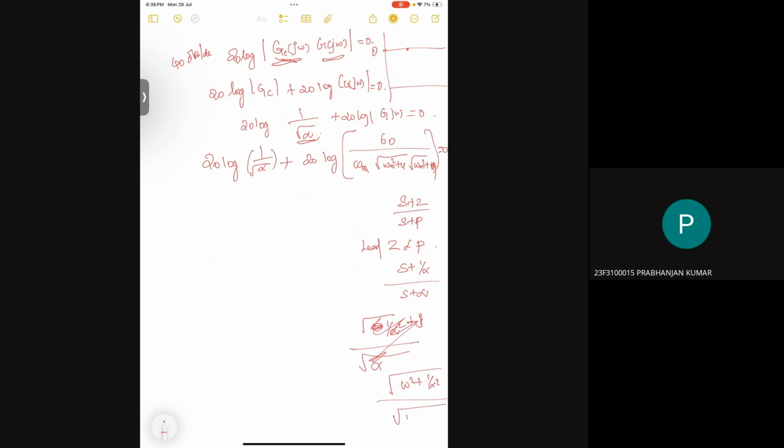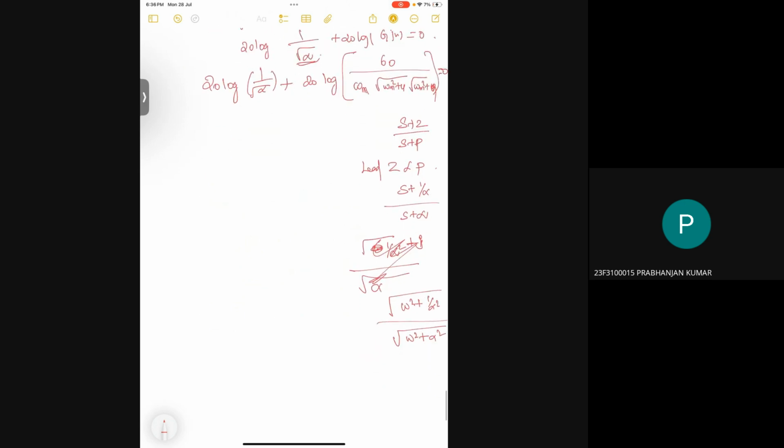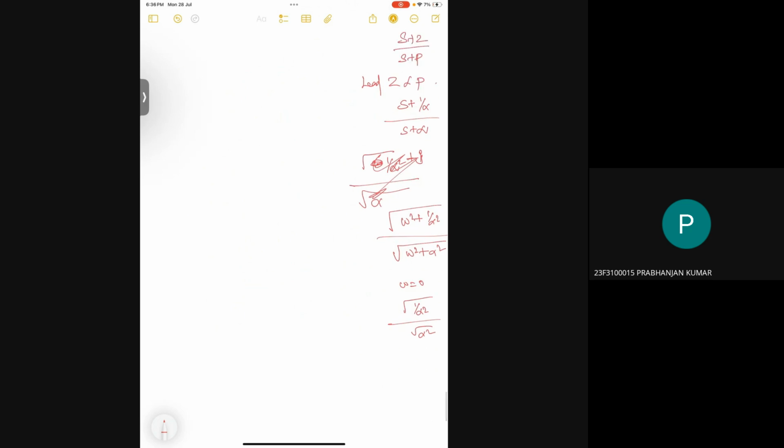Yeah, this will become omega square plus alpha square. When omega equal to 0, magnitude is equal to 0. At a particular gain crossover frequency, this will become 1 by alpha square by root of alpha square. So considering 1 by alpha, it's 1 by alpha square.